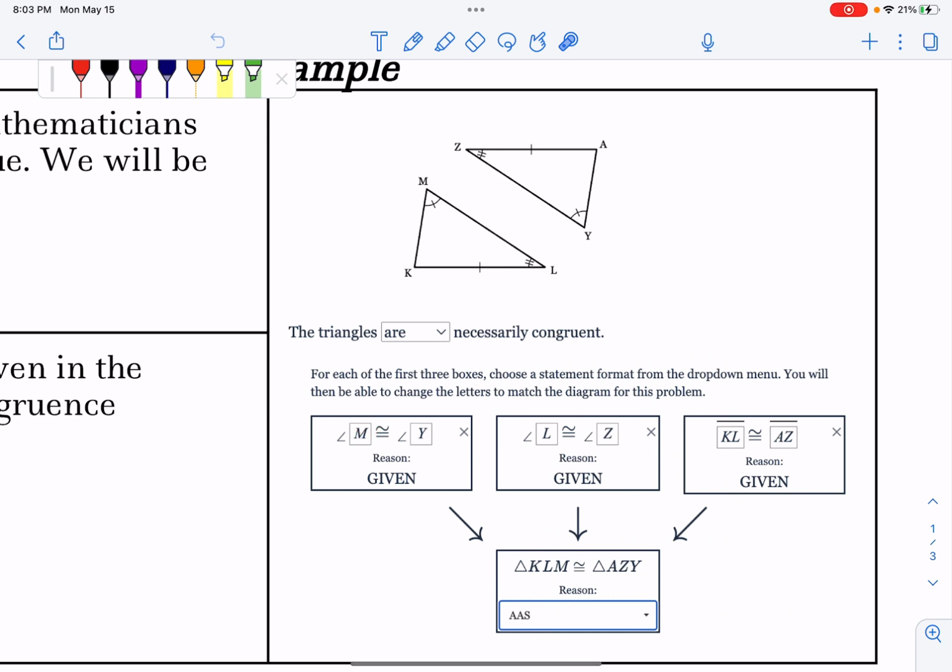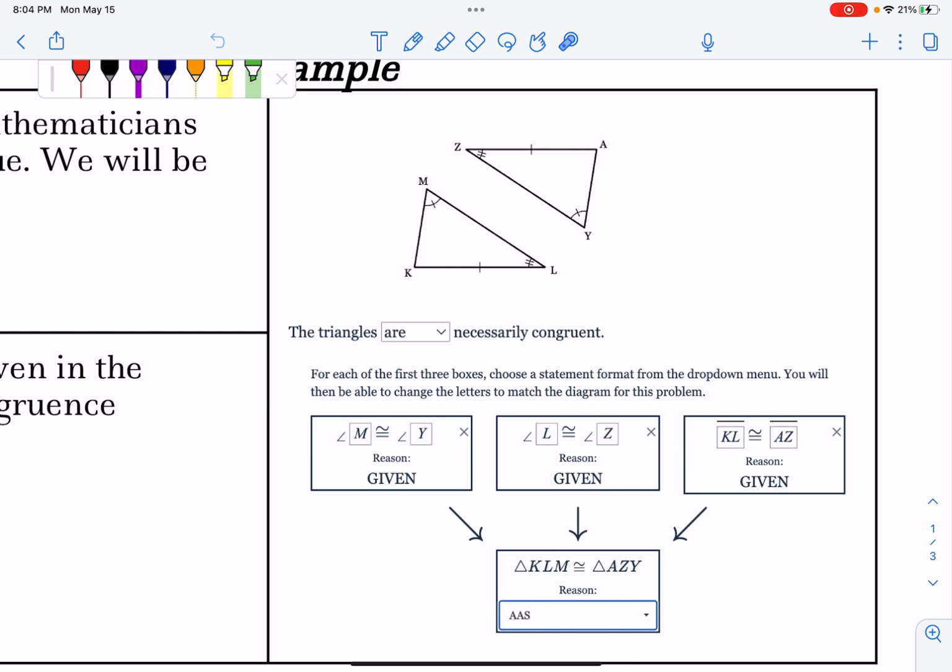Well, they told us angle M was congruent to angle Y using these markings here. And they told us that angle L was congruent to angle Z, again, using these markings here to indicate as much. And then lastly, they told us side KL was congruent to side AZ, again, using this little singular marker here. So we can prove that these triangles are congruent.